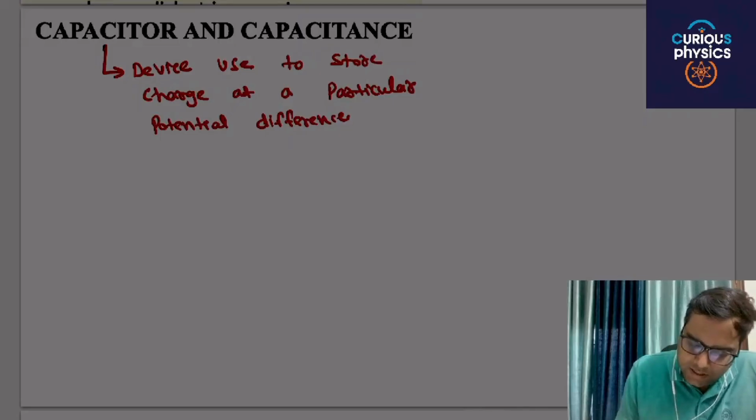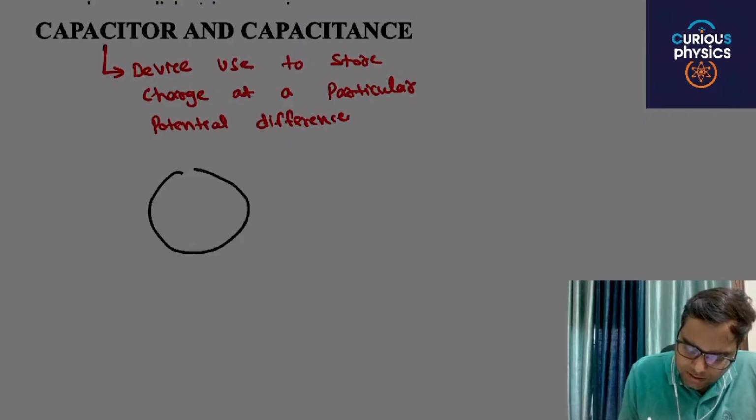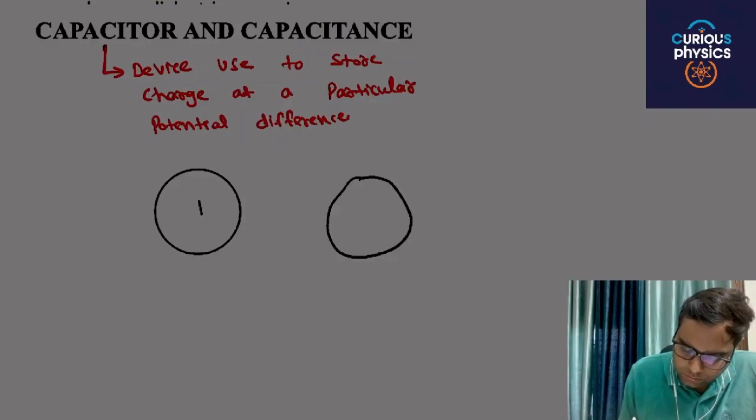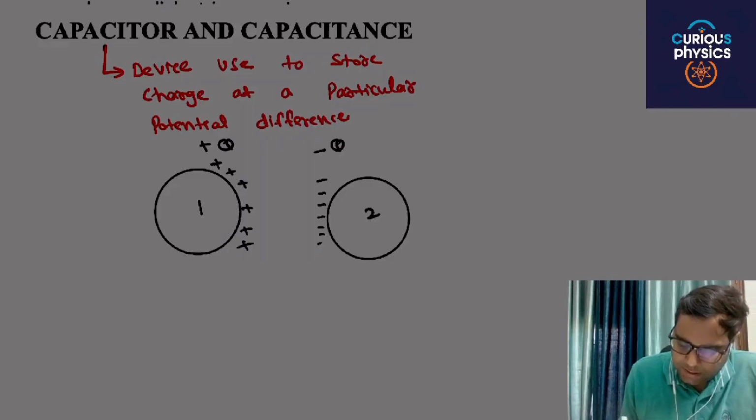Let's say we have two conductors. Let's say this is conductor 1 and this is conductor 2. Let's say positive Q charge is distributed on this one, and negative Q charge is distributed on the second conductor.